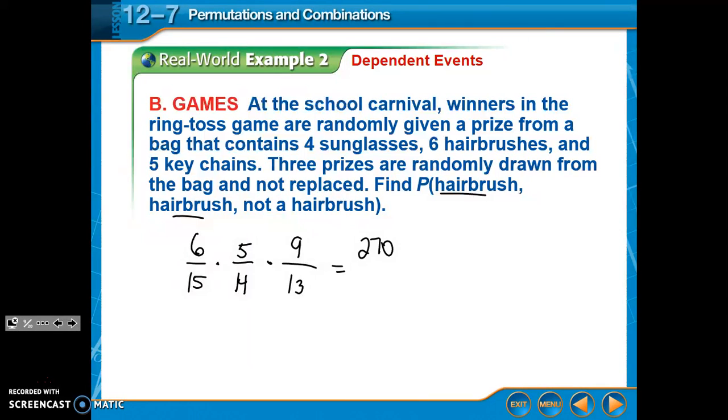And then I do 15 times 14 times 13, which I just did before, and have gotten 2,730. Okay, and I simplify, and I get 9 out of 91. Okay, so there's a 9 out of 91 chance of picking those items in that order.